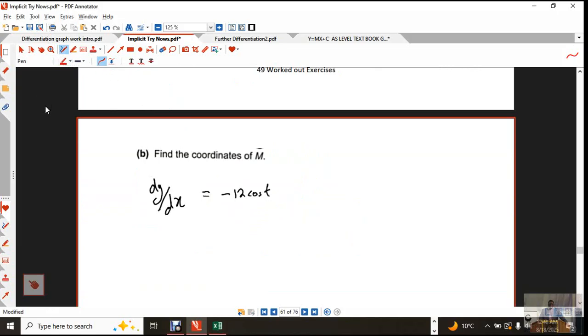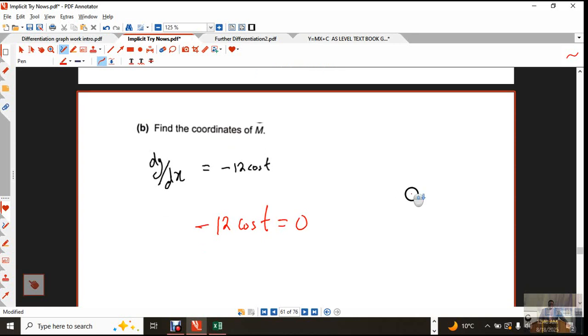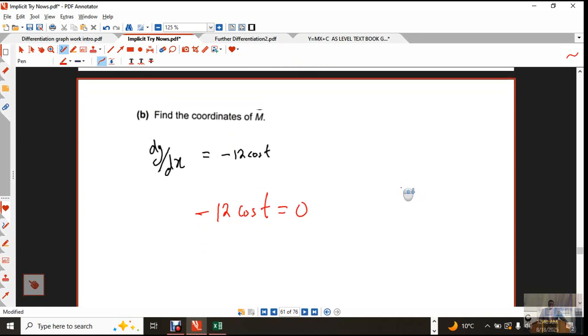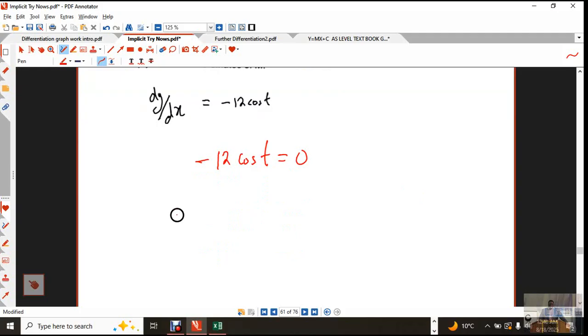So we're going to say minus 12 cosine of t is equal to 0. Now, if you were to calculate it, you obviously are going to find that cosine of t equals 0, because 0 divided by negative 12 is just 0. So cosine of t is equal to 0.